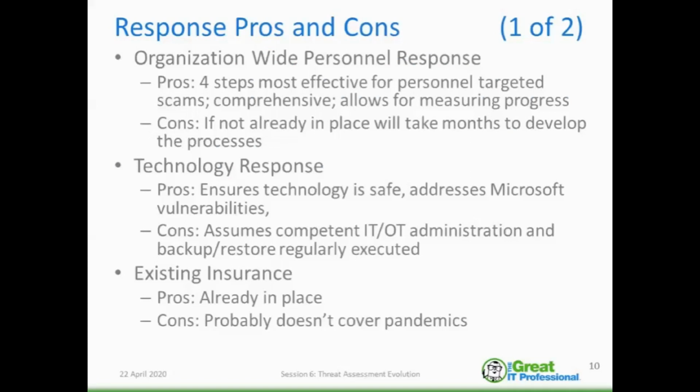It allowed for measured progress. The cons: if you don't already have this in place, it really takes months to develop. So if you want to take away one lesson learned from these 6 sessions, it's that if you want to have an organization-wide response, you need to start now. You can't wait until you've identified a threat, because it's too late. You're going to have to put in place what you want to do as an organization.